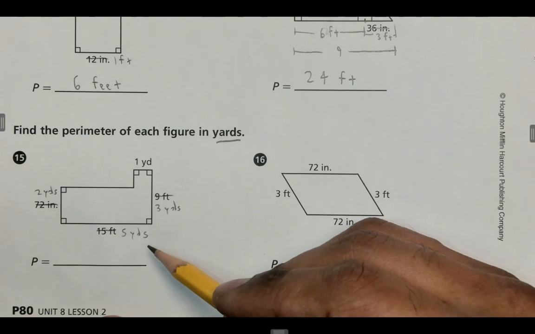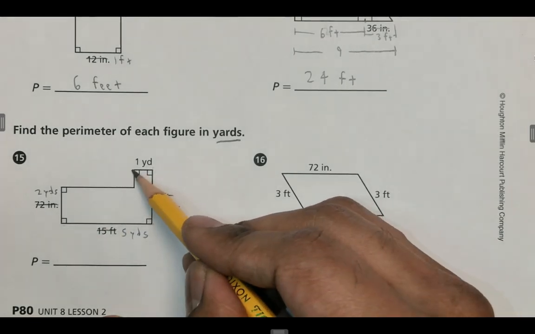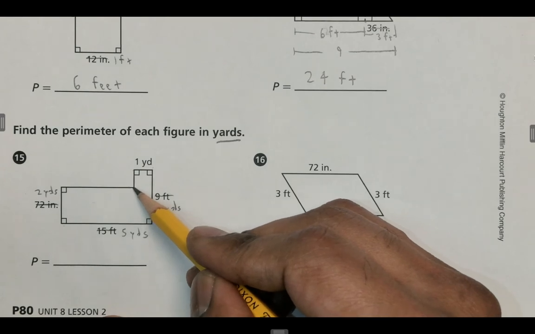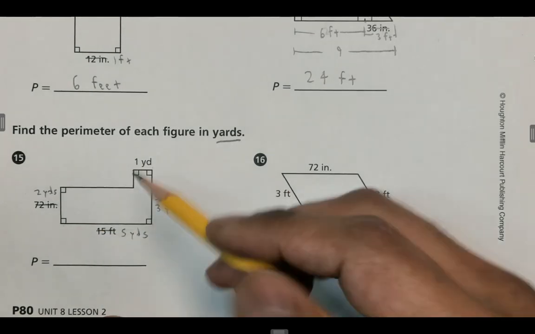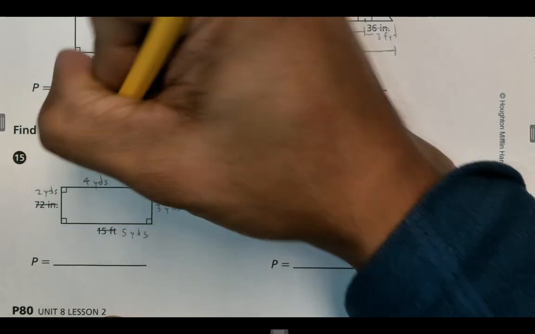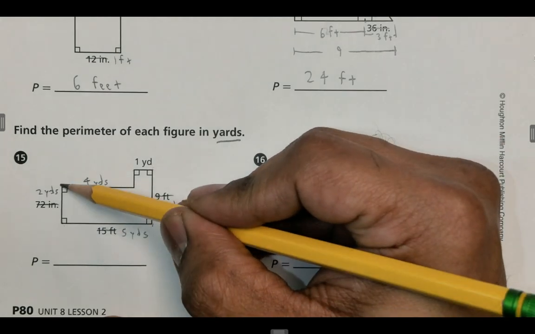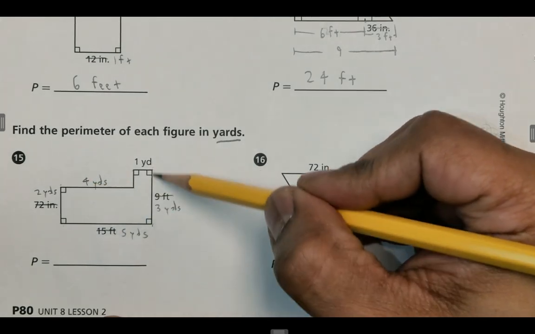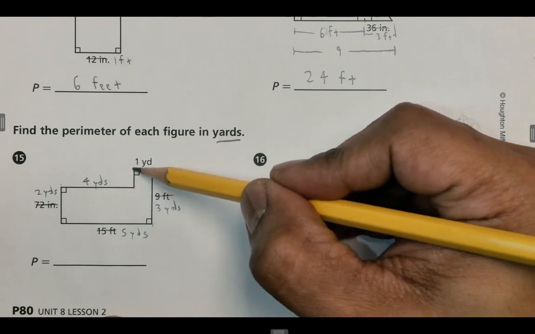And let's see. If we know that this to this is 5 and this to this is 1, well, this to this has to be 5 minus 1. This has to be 4. Now, if we know this point to this point is 3, and this point to this point is 2, then 3 minus 2 here to here has to be 1.